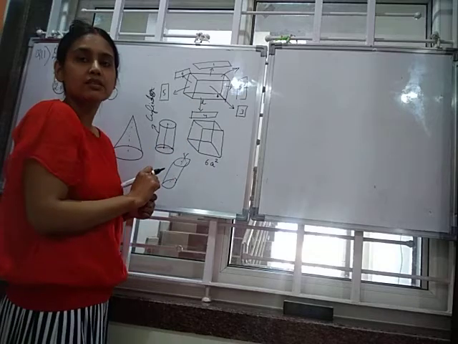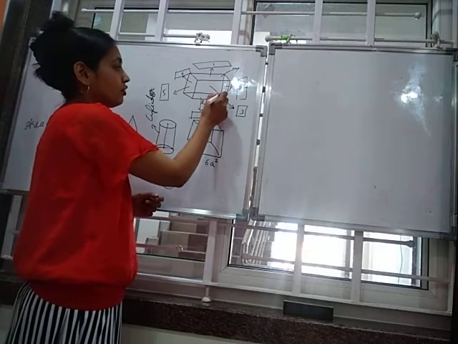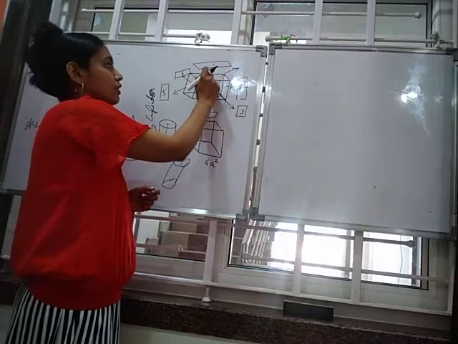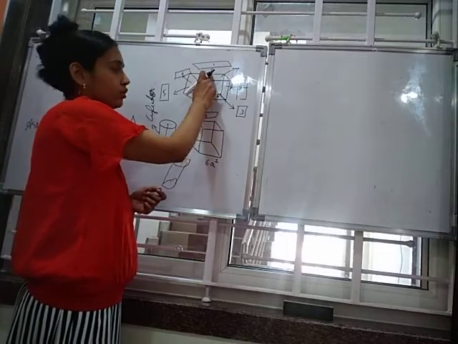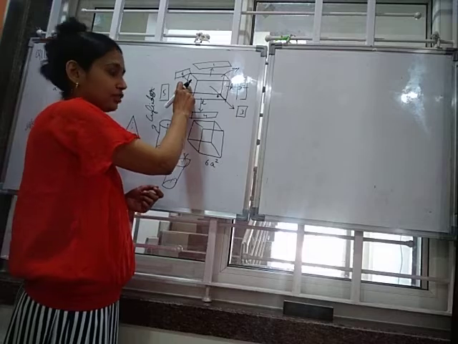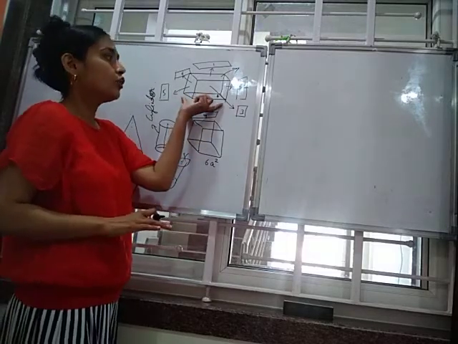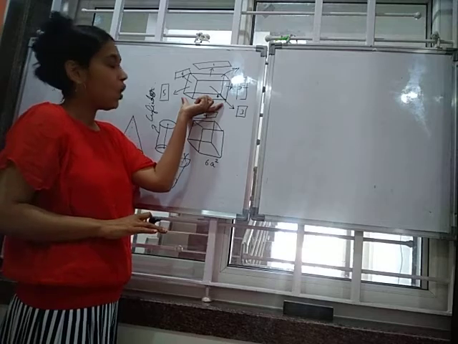Here, what will be the surface area? Length into breadth for this, breadth into height for this, then length into breadth for this, length into height for this, like this. We'll add them and find the total surface area of a cuboid.